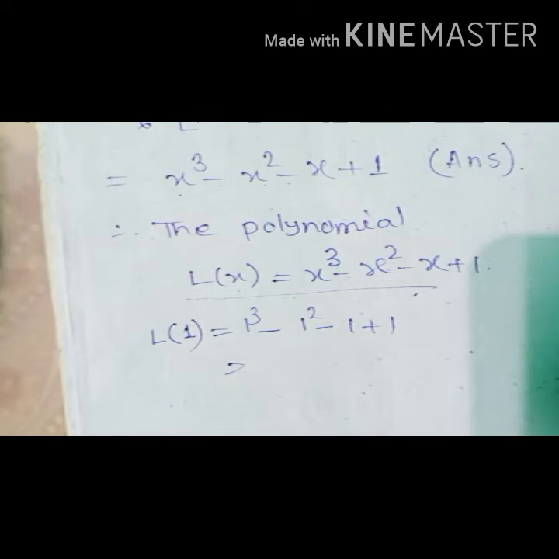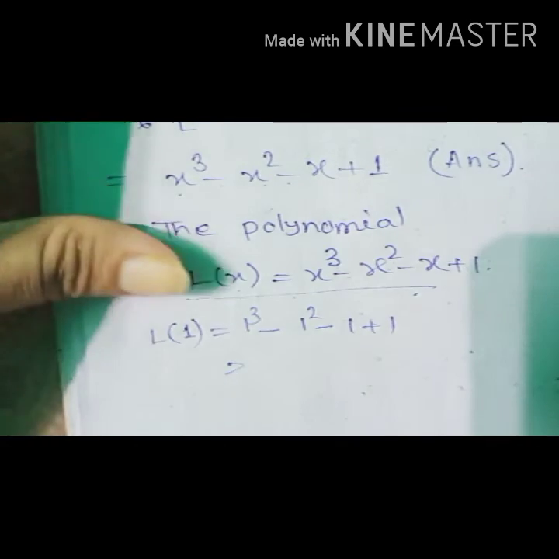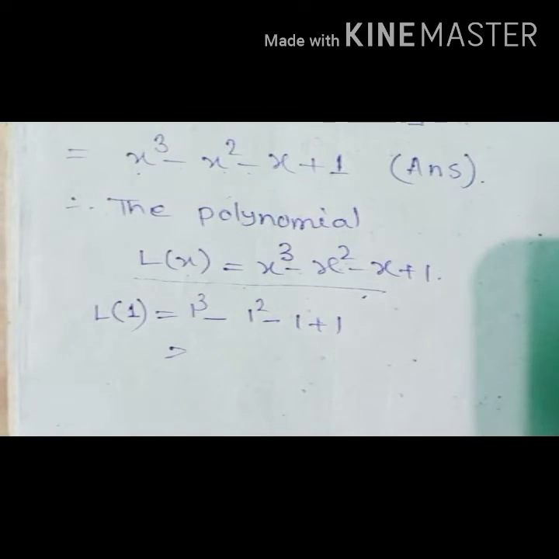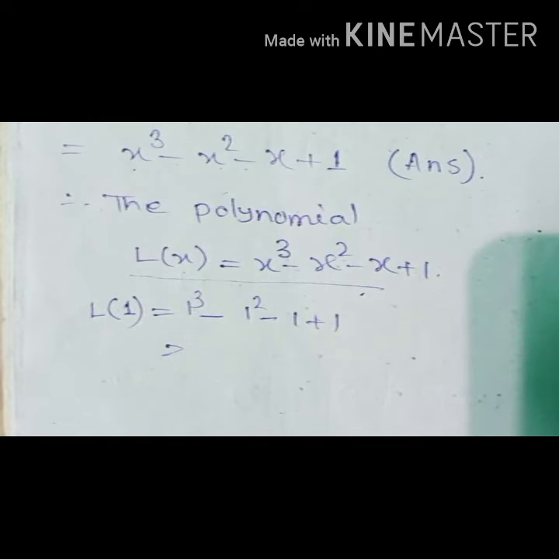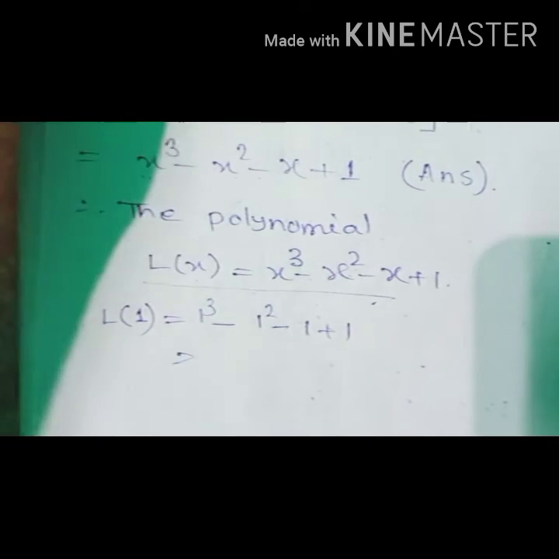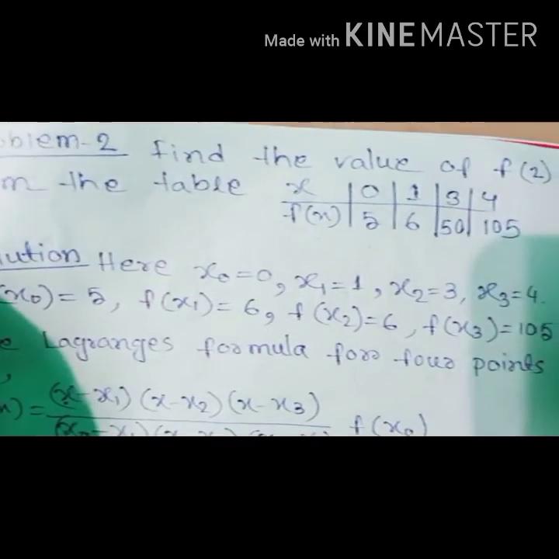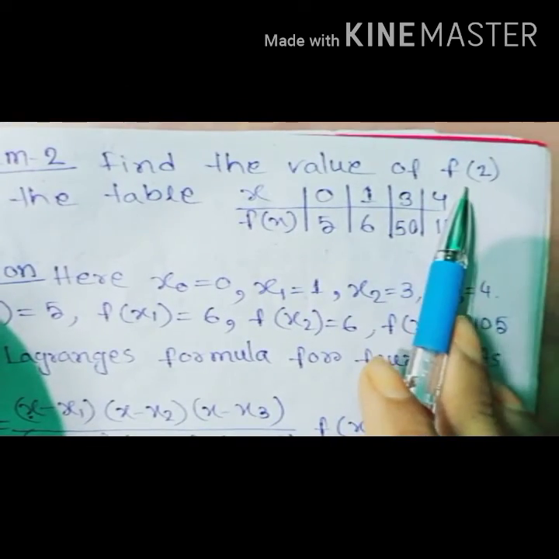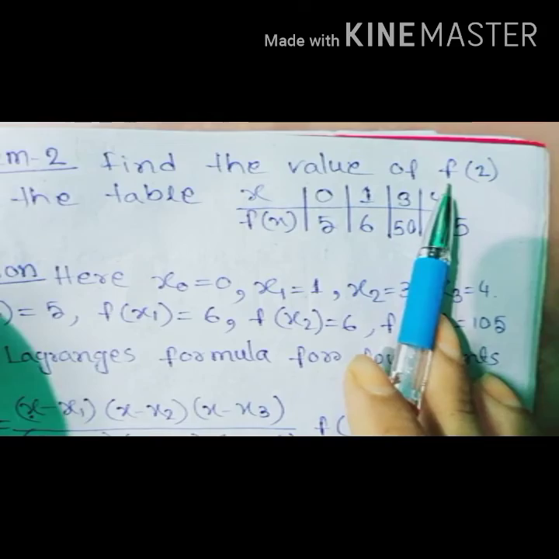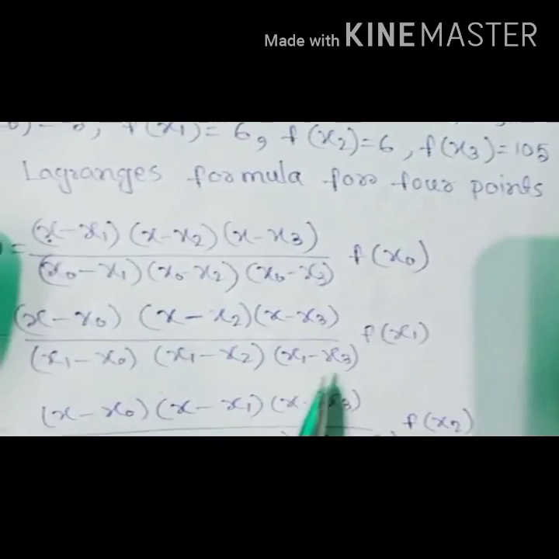Here we have to find out the polynomial only, but there are many cases where you have to find L1, L2, L3, L0.2, some numerical value will be given, and in one example here you can see that you have to find the value of f2. This is actually L2 and f2 is given.